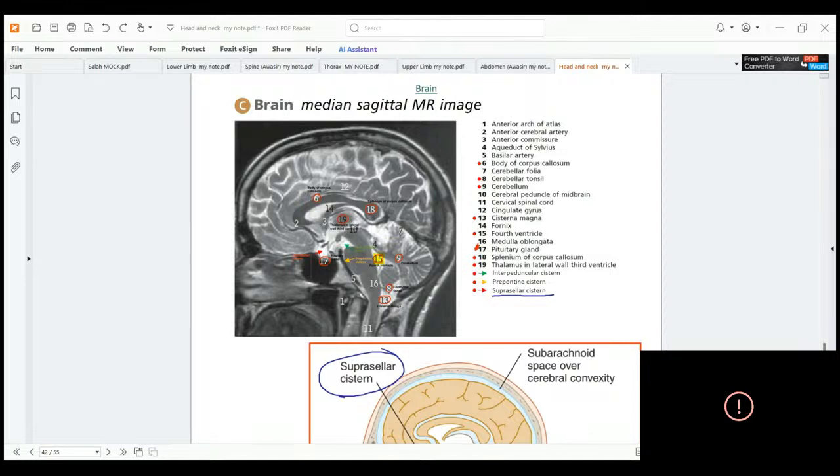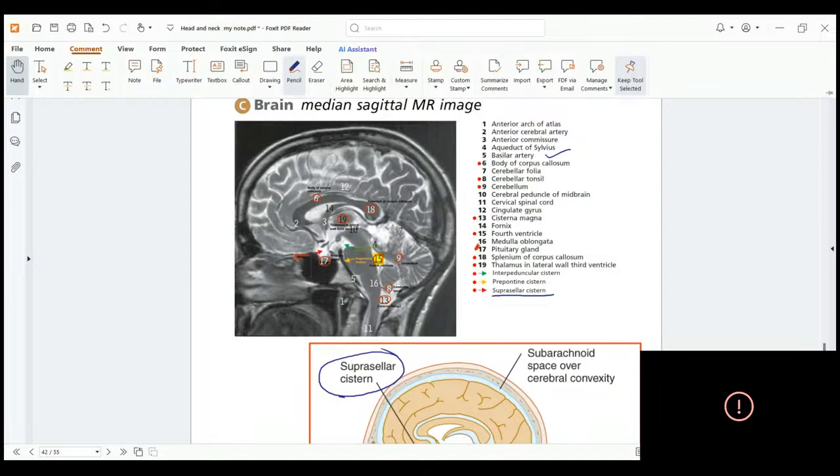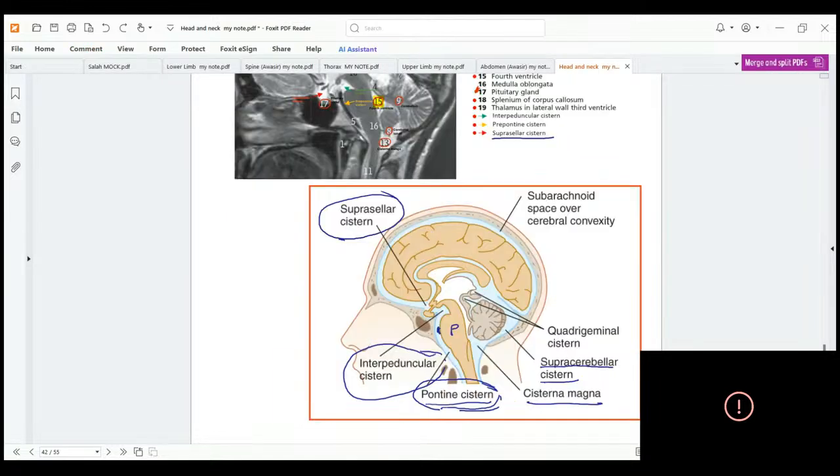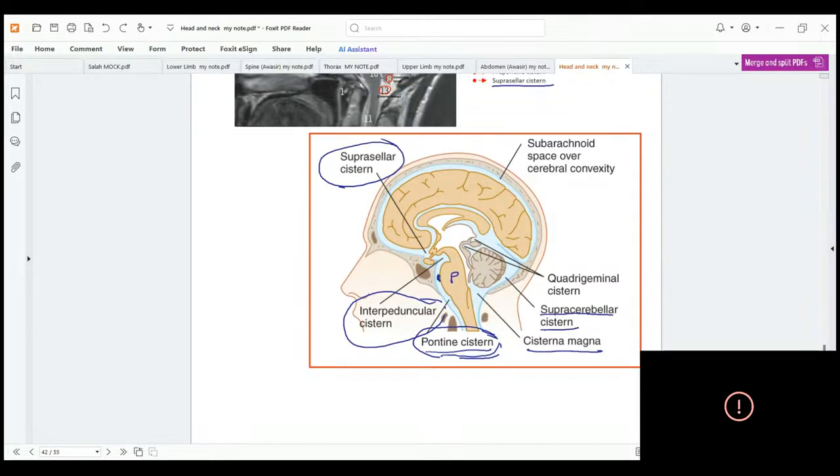Two is the anterior cerebral artery. So suprasellar cistern, interpeduncular cistern, prepontine cistern, and cisterna magna.